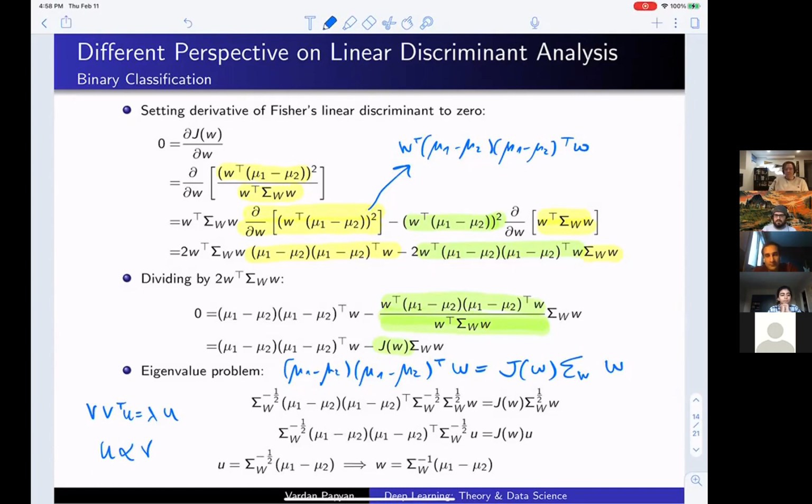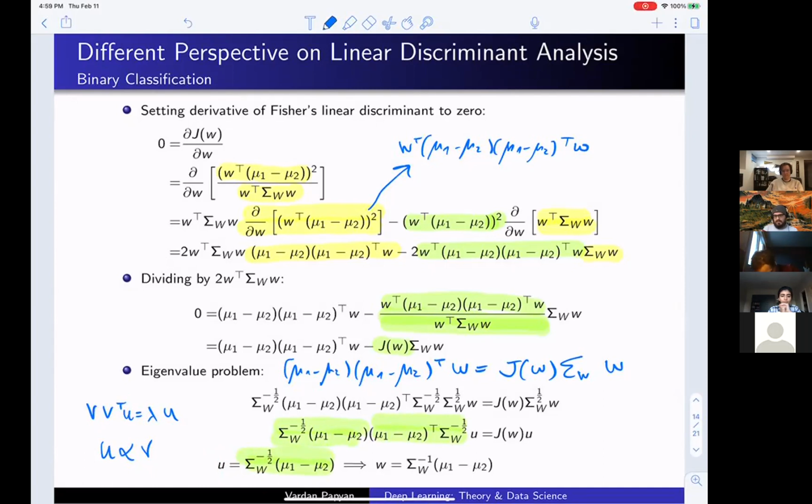And so based on that, you can conclude that the eigenvector U is equal to sigma W minus half multiplied by the difference of the means. So basically, here you have a vector, here you have the same vector transpose, right? And here you can see the same vector again. Now, why is it equality and not proportional? I leave you to convince yourself.